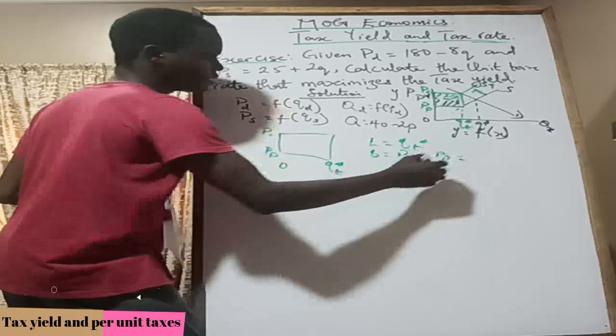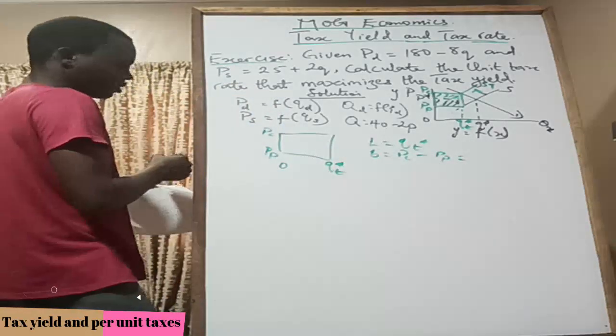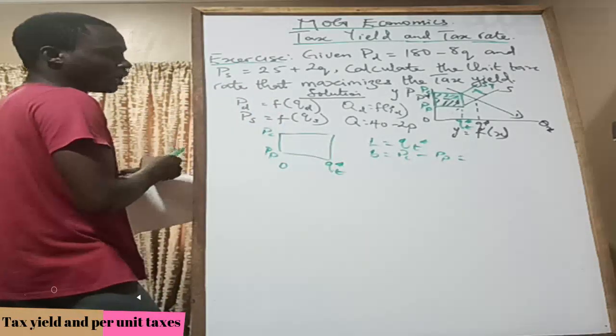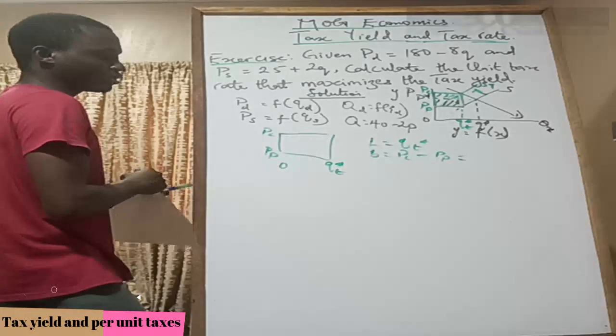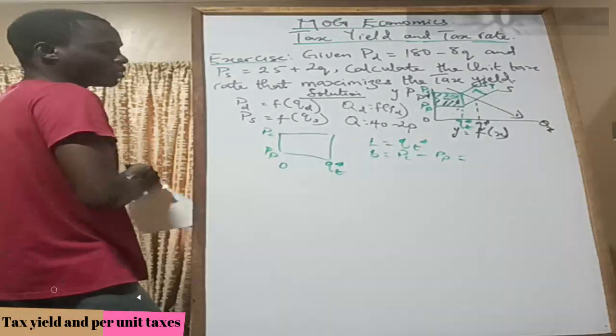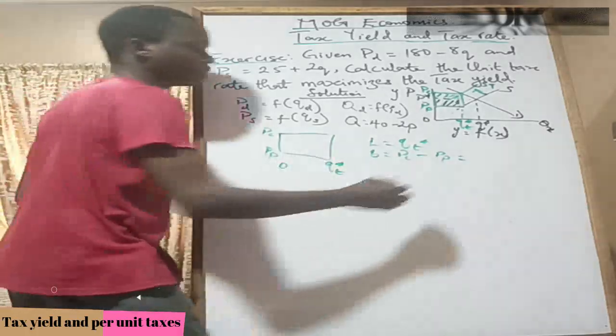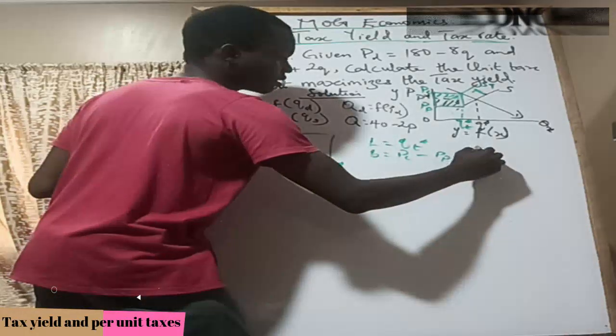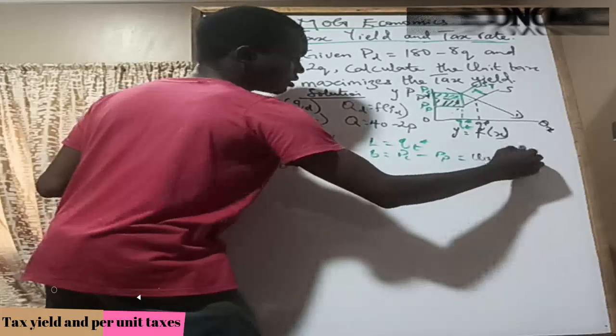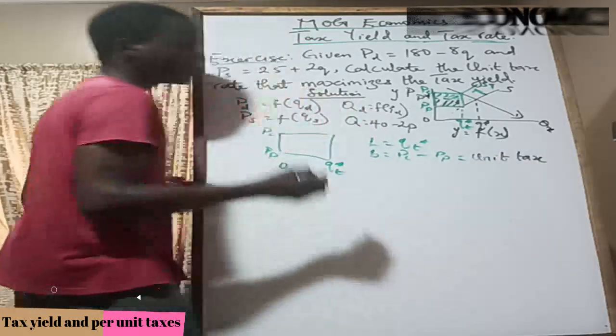When you subtract the price that producers are receiving from the price that consumers are paying, what we actually get is the tax that was imposed. So this is going to be equal to the unit tax.